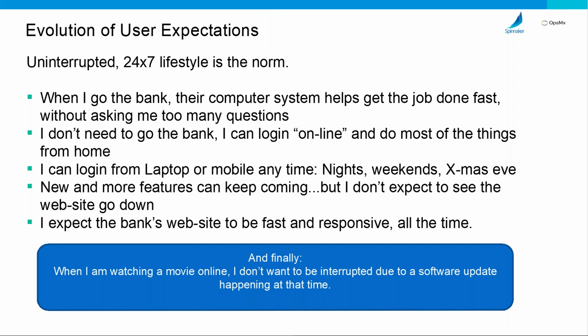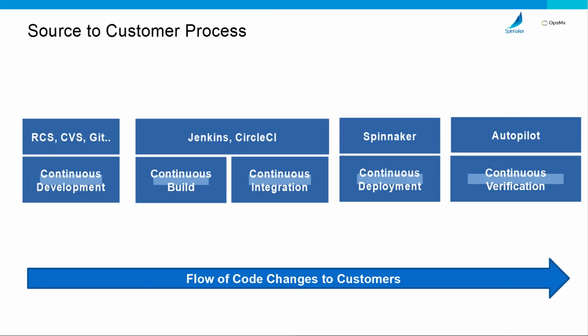WhatsApp, if there is a 1-hour outage, that's news. It comes actually in the printed news. So 24/7 non-stop services is the lifestyle expectation of today. Once again, many of the applications people are using, Jenkins in particular, was never designed for this.